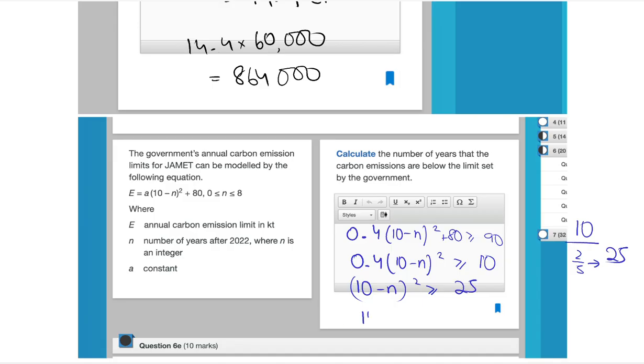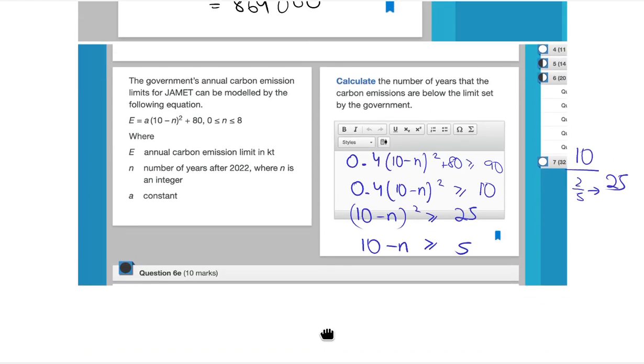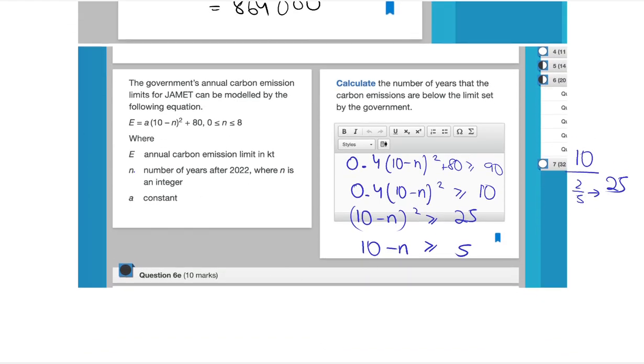And we have 10 minus n is less than or equal to the square root of 25, which becomes 5, which means, oh, this makes the question entirely easy. That the maximum possible value of n would be 5.